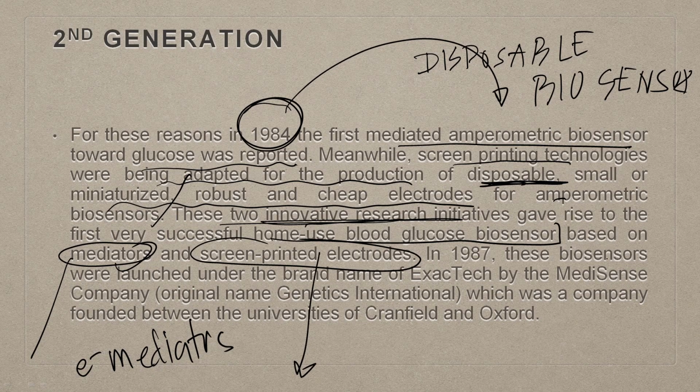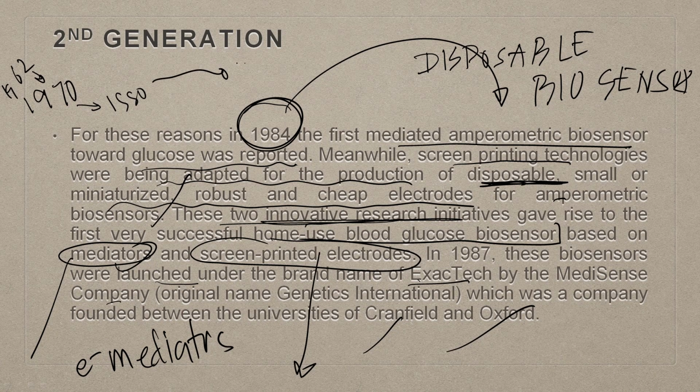In 1987, these biosensors were launched under the brand name of Exactech by the Medisense company, originally named Genetics International, which was a company founded between the universities of Cranfield and Oxford. This was the second generation's rise, 1984. So, the first generation was the 1970s, starting from 1962, 70 and going till 1980.